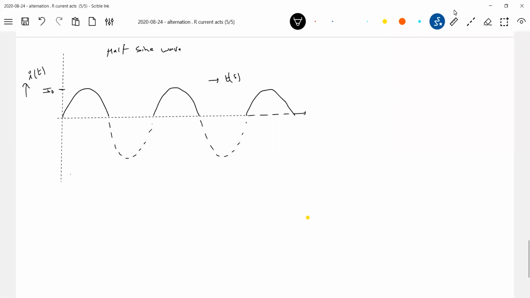Now, what is the one time period? Even this is also one time period. This is what will repeat, no? Then how do you define this signal? I of t equals I naught sine omega t for t less than T by 2 and greater than 0.